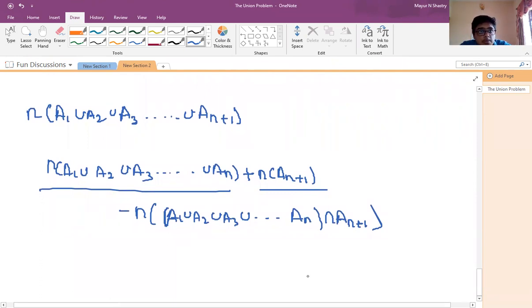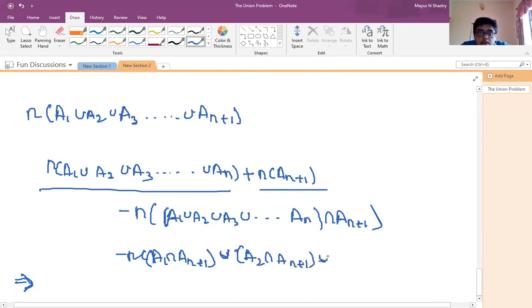Then let us try to do this part. Again, using the distributive law, it's A1 intersection AN plus 1, union A2 intersection AN plus 1, union, and so on, up to AN intersection AN plus 1.